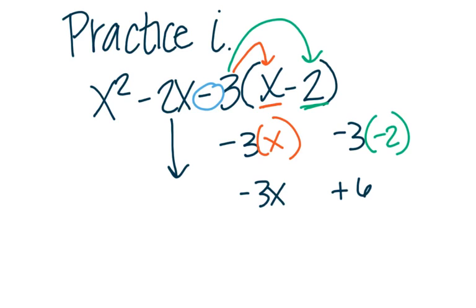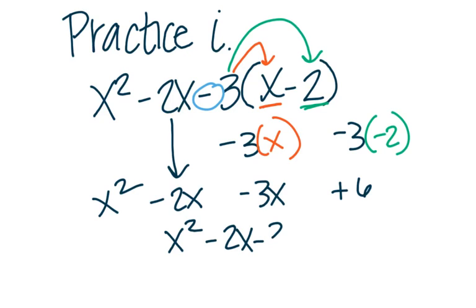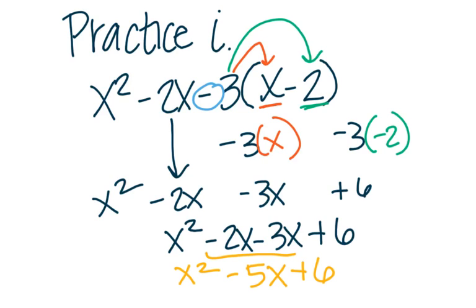Bring down my negative 2x and my x squared. So I have x squared minus 2x minus 3x plus 6. A negative 2 minus a negative 3, well, that is my negative 5x. So I have x squared minus 5x plus 6.